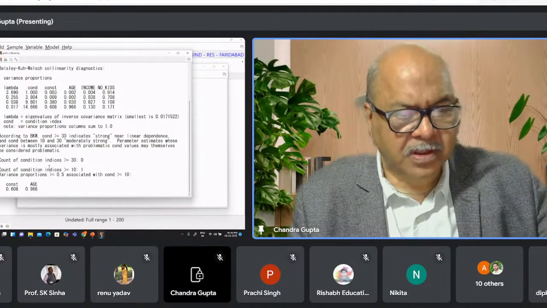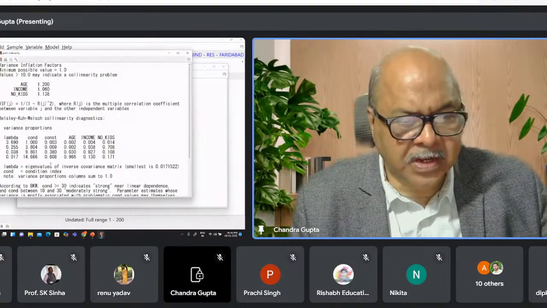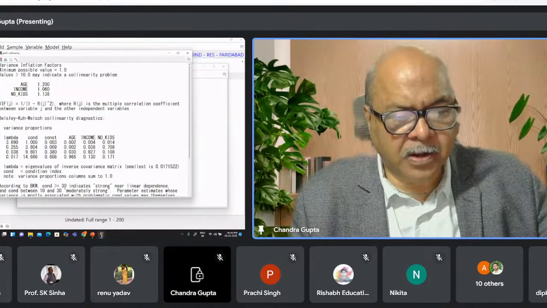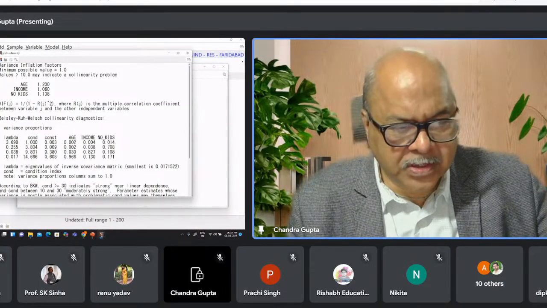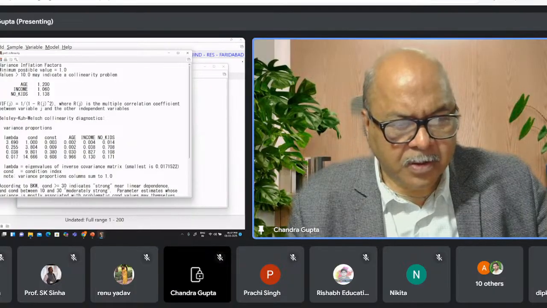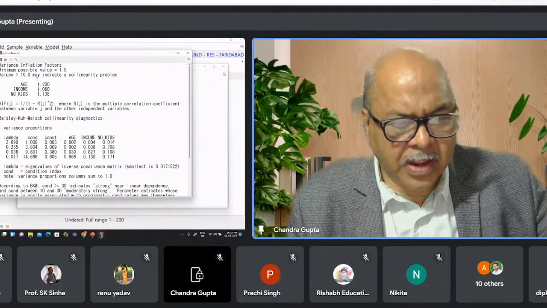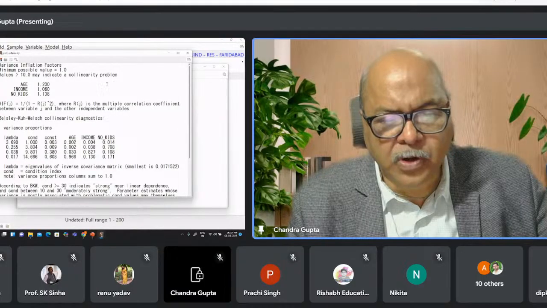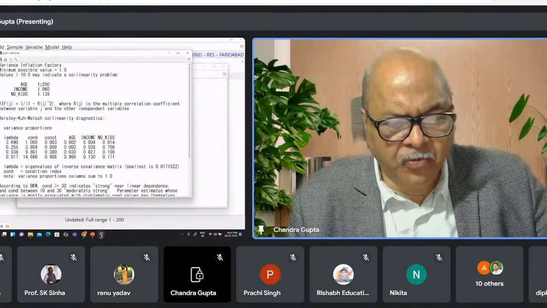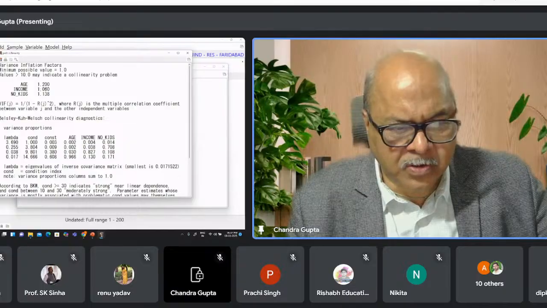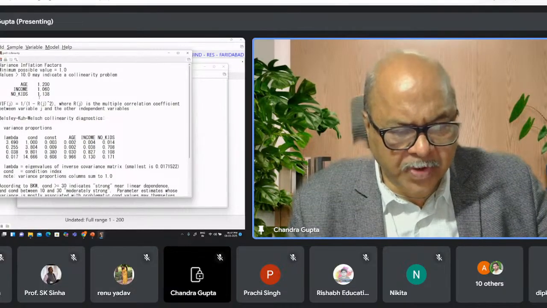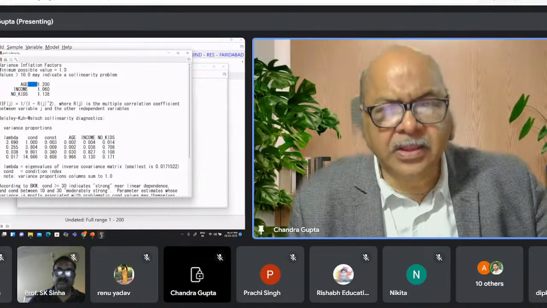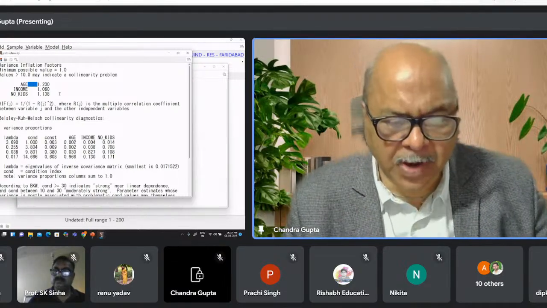That means our VIF is less than 1. What does it say? Variance inflation factor, minimum possible value 1, and if values are greater than 10, it may indicate a collinearity problem. Age has a VIF of 1.2, income 1.060, number of kids 1.38. Since they are all less than 10, we do not have any multicollinearity problem.